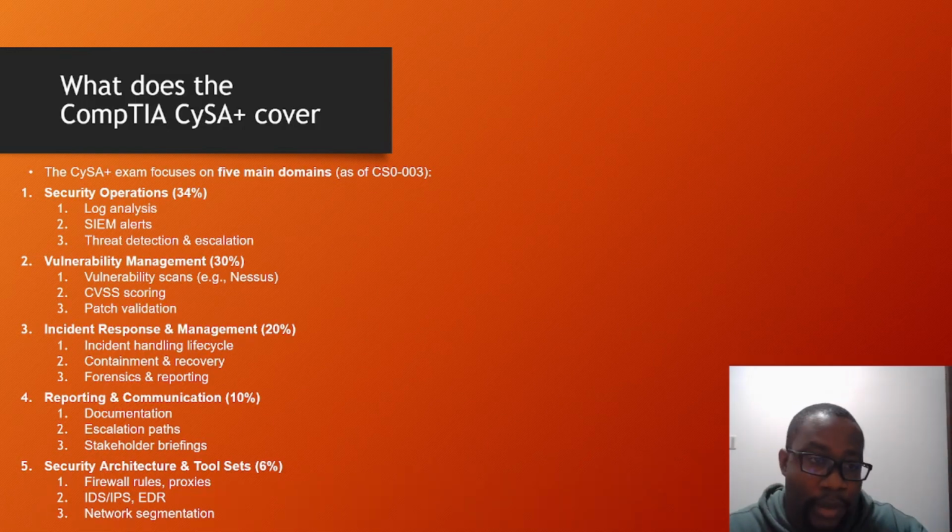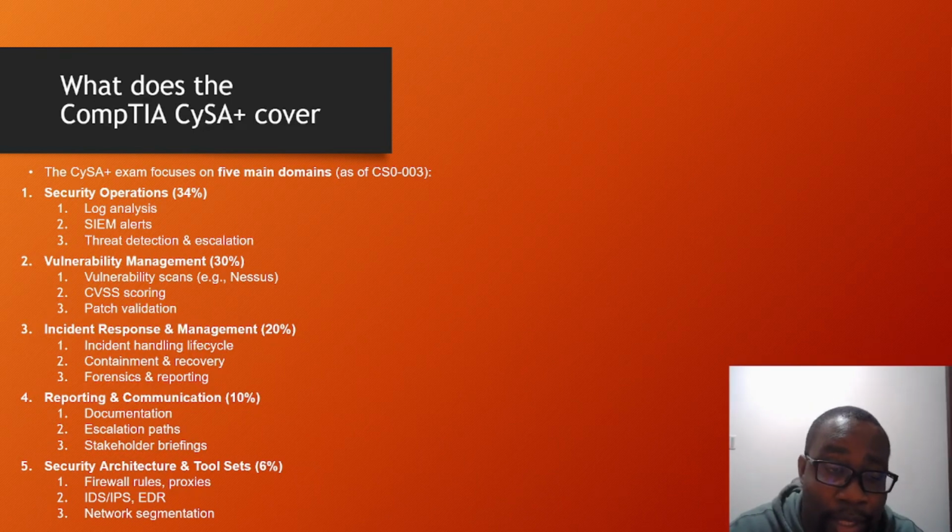And you can see here the subsections. For example, security operations is log analysis, SIEM alerts, threat detection, escalation. Vulnerability management has your vulnerability scans and the tools that you use to do those scans, your CVSS scoring, and your patch validation, so on and so forth, right?